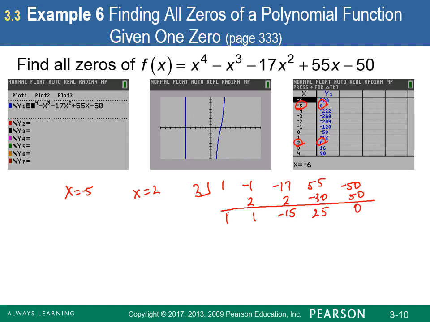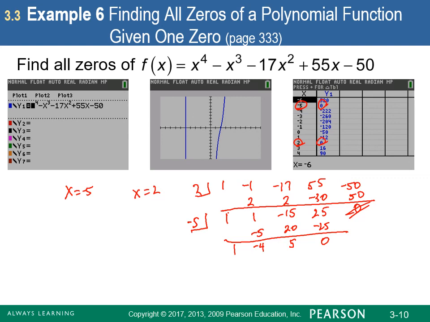And sure enough, that was correct. We'll mark out the 0, do synthetic division with the -5. And sure enough, it was okay.